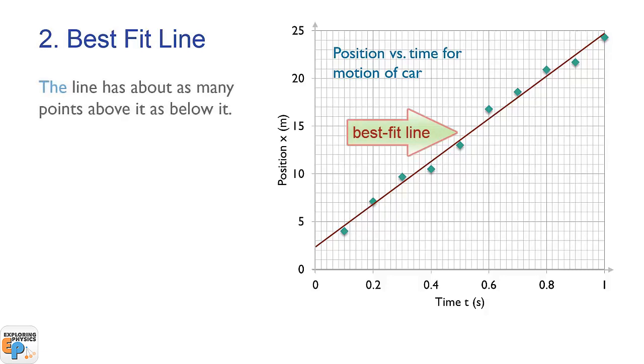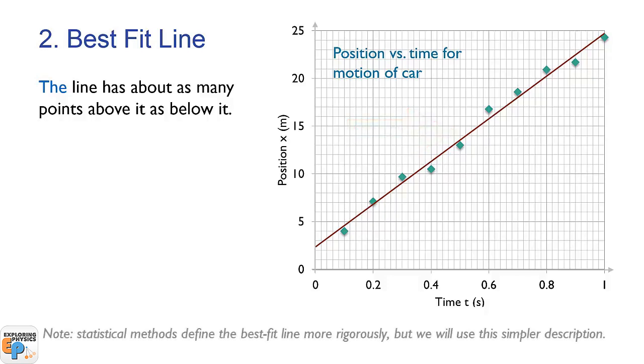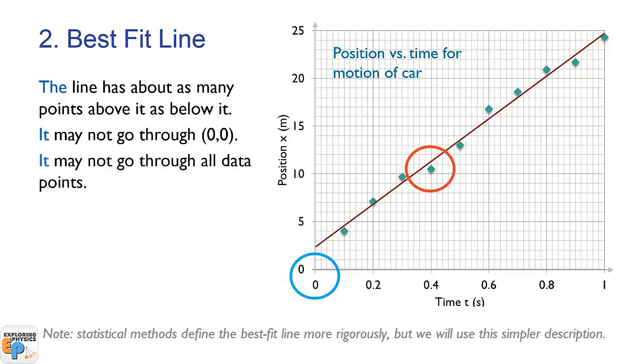The best fit line is a line through the data points that has about as many points above it as below it. The best fit line may not go through the origin, that is x equals 0, t equals 0. It may not go through all the data points.